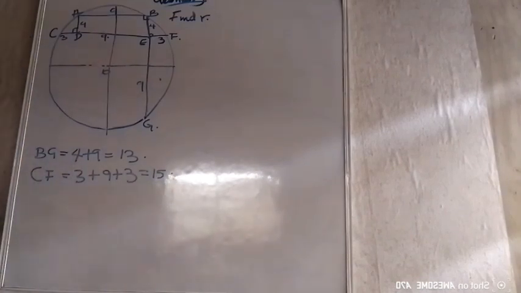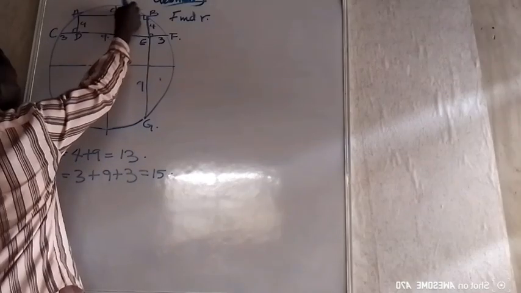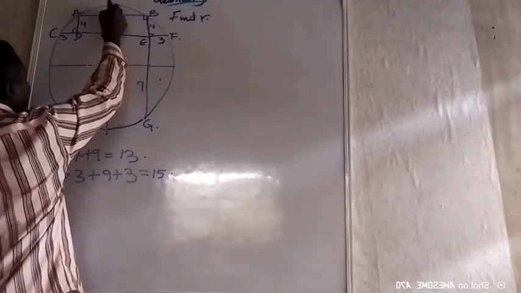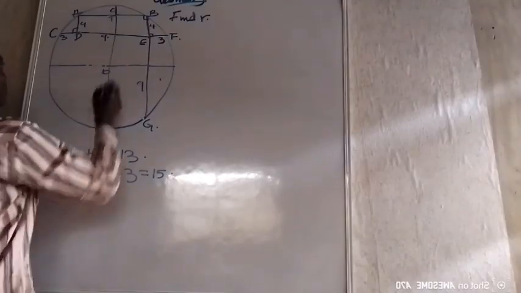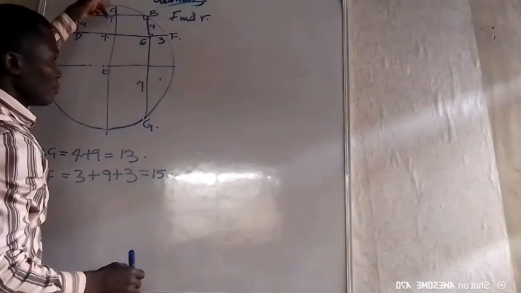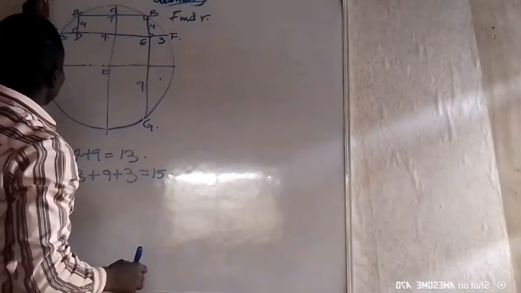Get it? And you can see that from here to here is 4.5. Let's make this place C, because we draw it through the center and it bisects AB.